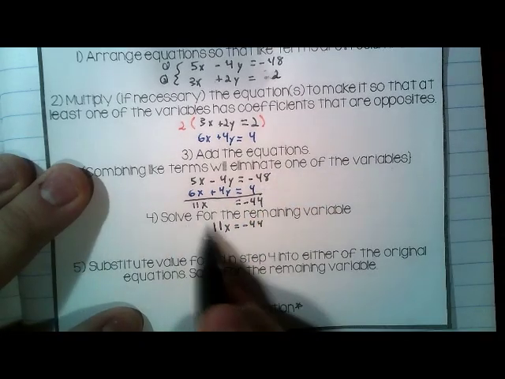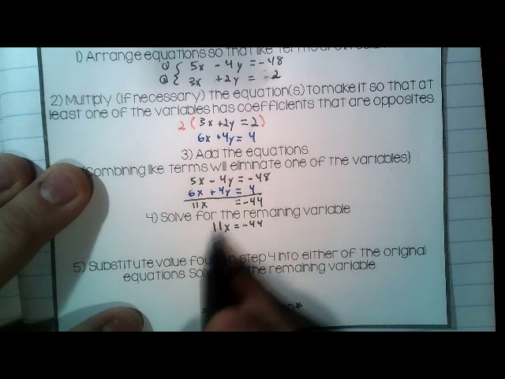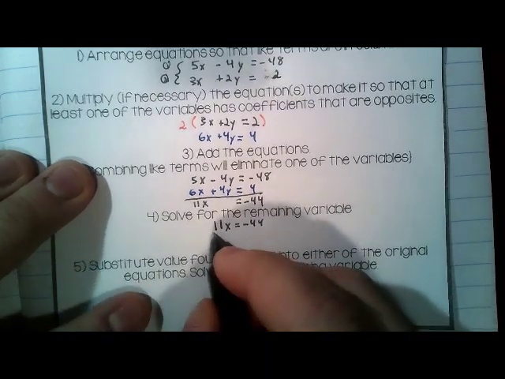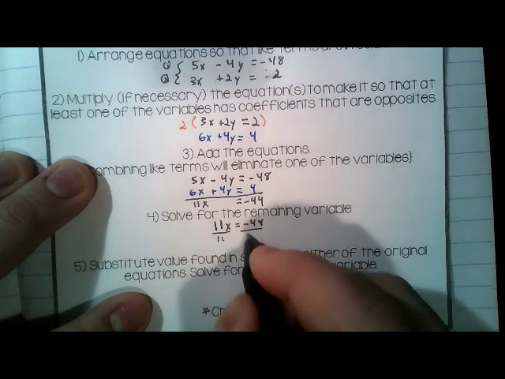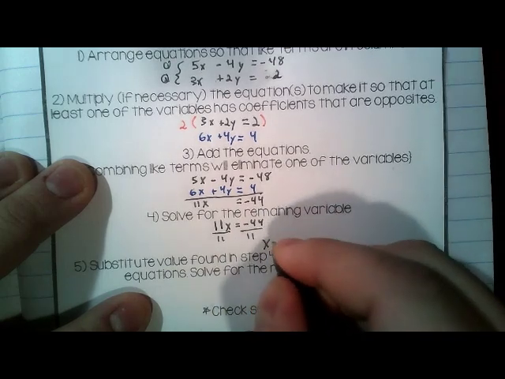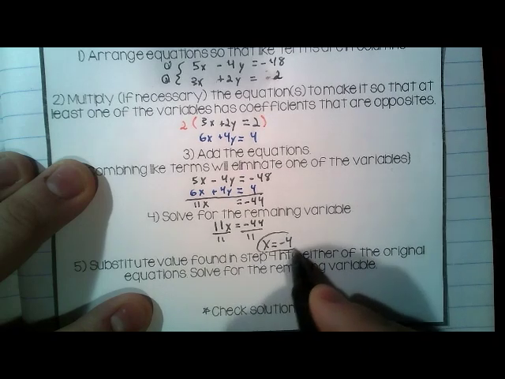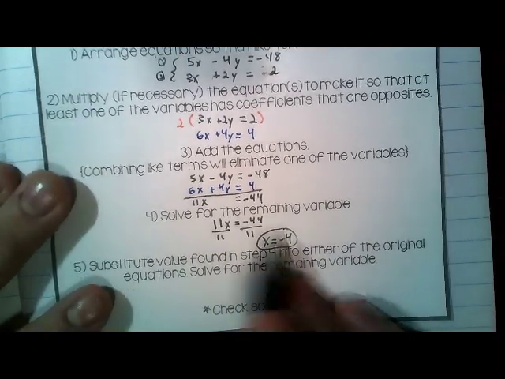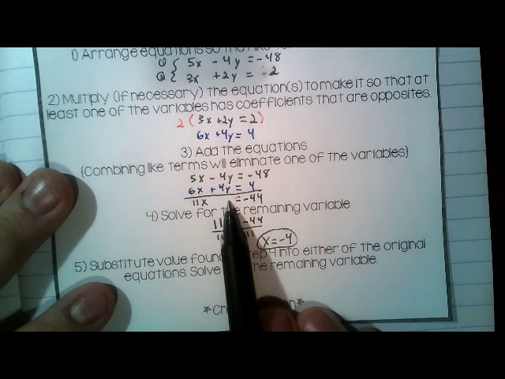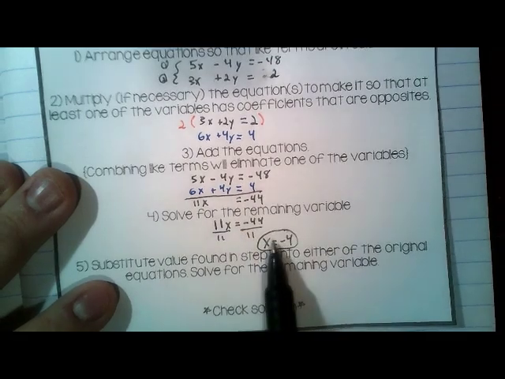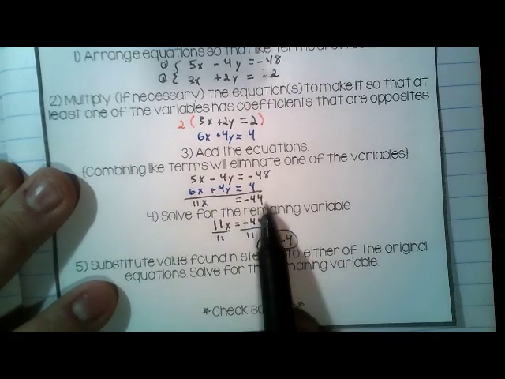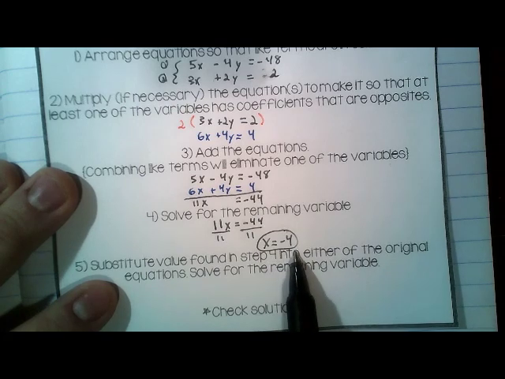And I'm going to solve for that remaining variable, that variable that didn't get canceled out. Divide by 11, divide by 11, x equals negative 4. So by eliminating the variable y, I've gotten x as a number. 11x equals negative 44, x equals negative 4.